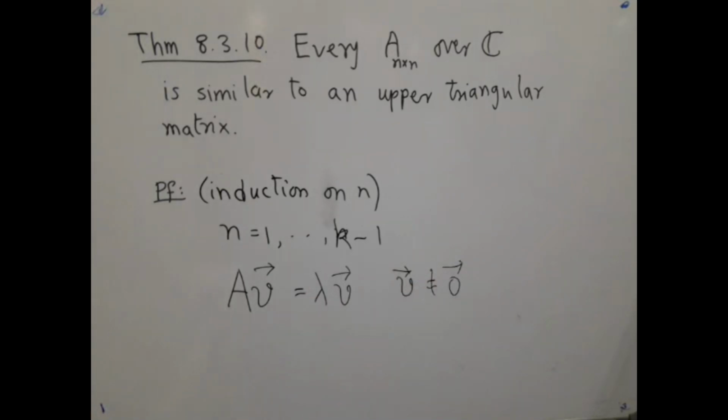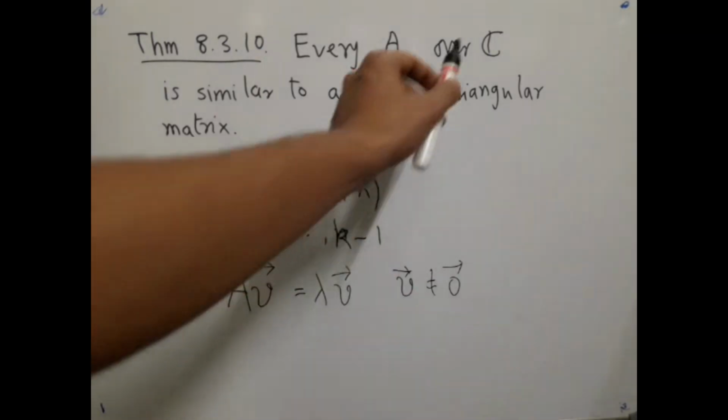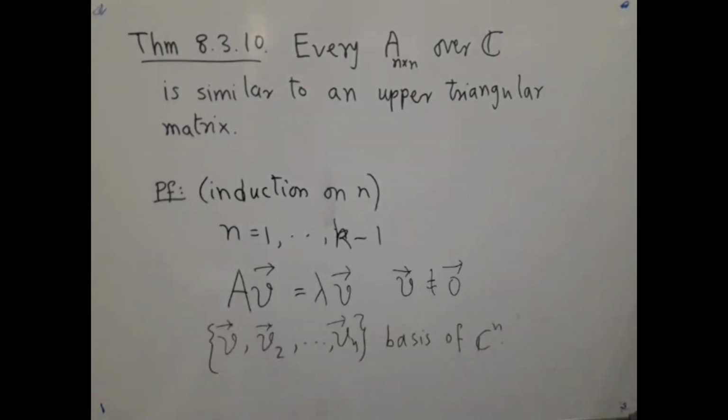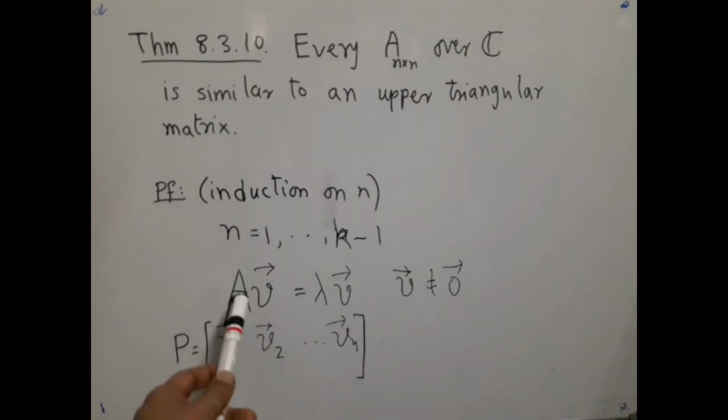What I shall do is extend this non-zero vector into a full basis of Cn, and then stack all these vectors together to form a matrix P, whose first column is V, second column is V2, etc. up to Vn. Then this matrix is of size n by n and is clearly non-singular.